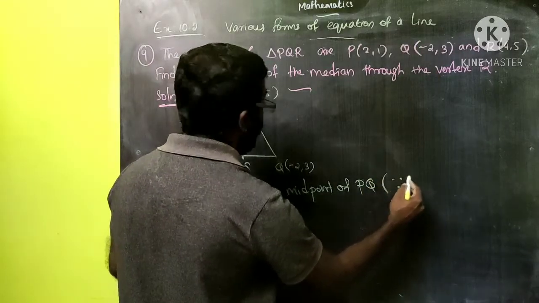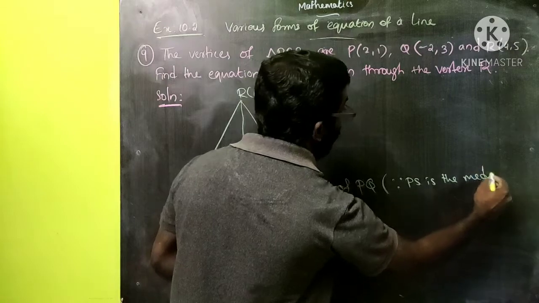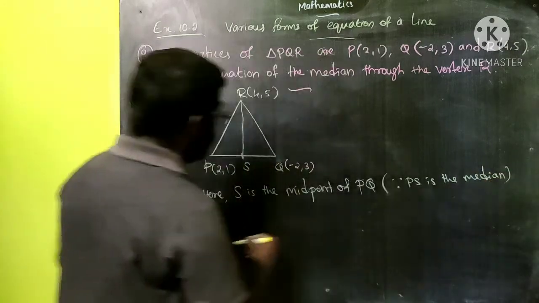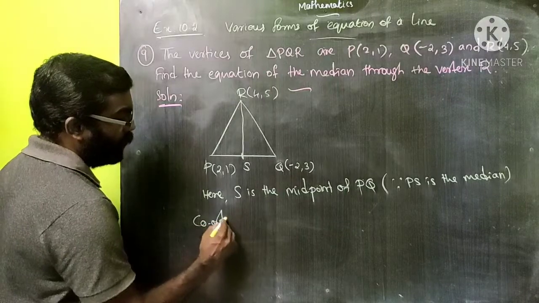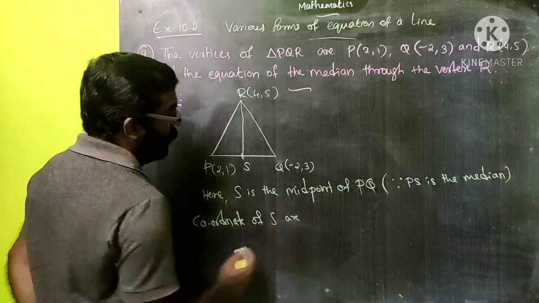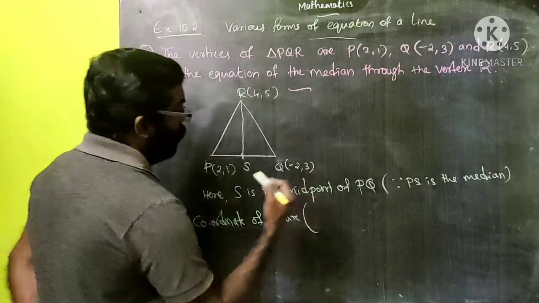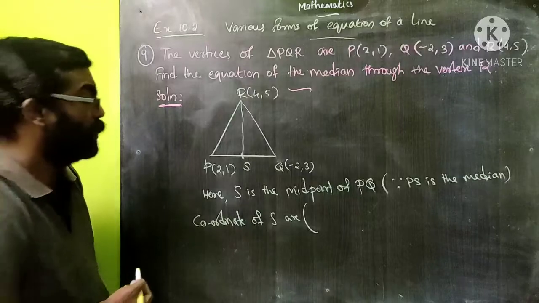Now we can find the coordinates of S. So the coordinates of S are, we know the midpoint formula, x1 plus x2 by 2, y1 plus y2 by 2.